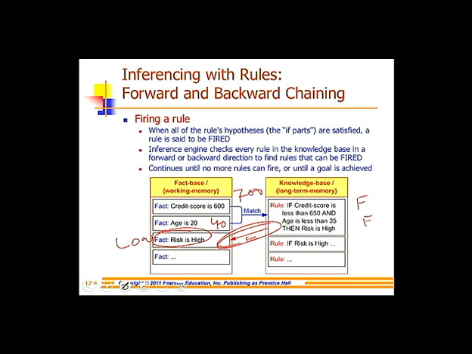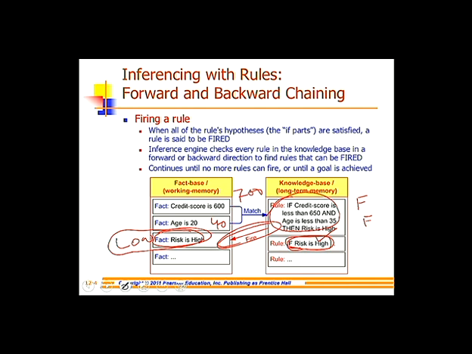Risk is low will be stored in the working memory, and then we will keep moving forward. In the next rule, one part is if risk is high. Previously this part was not known, but after the first rule is fired, this part is also known. Now we can use this information to fire more and more rules.